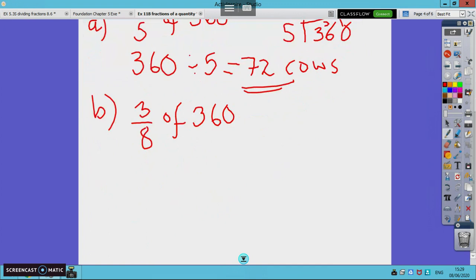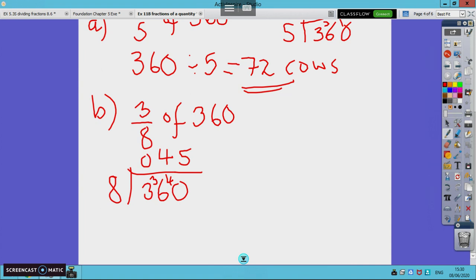Again, if you weren't sure about doing that in your head, we could do 8 into 360 via the bus stop method. 8 into 3 doesn't go, so carry the 3 over. 8 into 36 goes 4 times, because it goes to 32, remainder 4. 8 into 40 goes 5 times. So your answer there is 45.